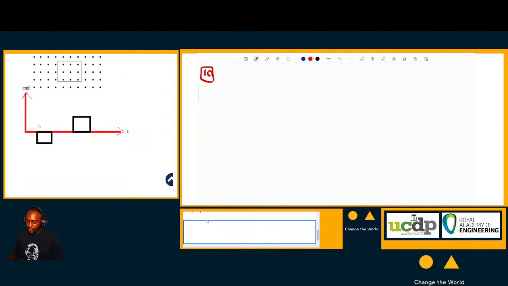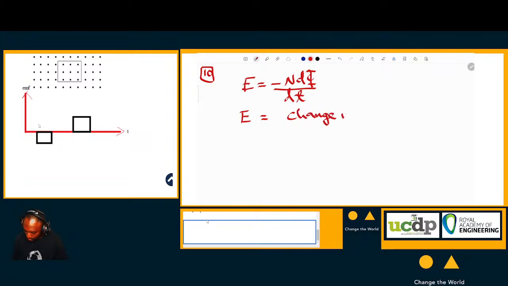So remember, we said the EMF induced, E, is equal to negative N d phi over dt. So we're saying EMF E is equal to the change in flux over the time.